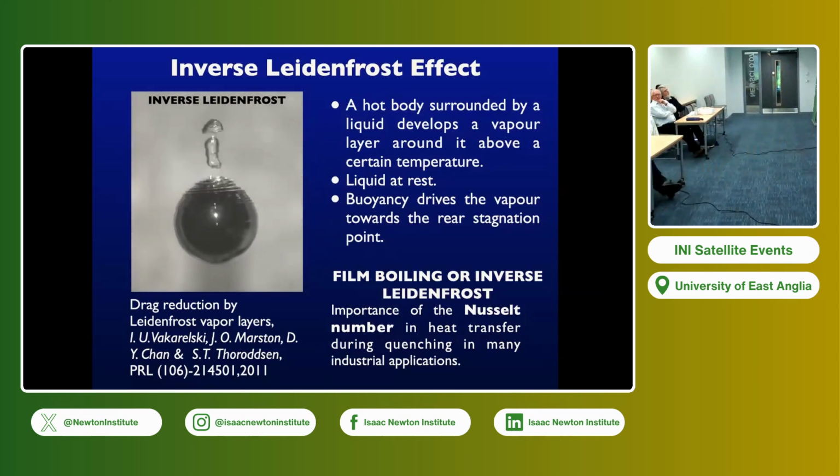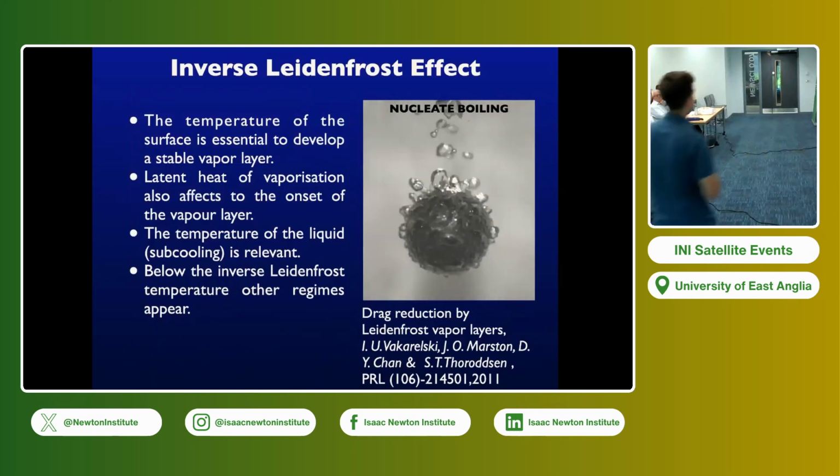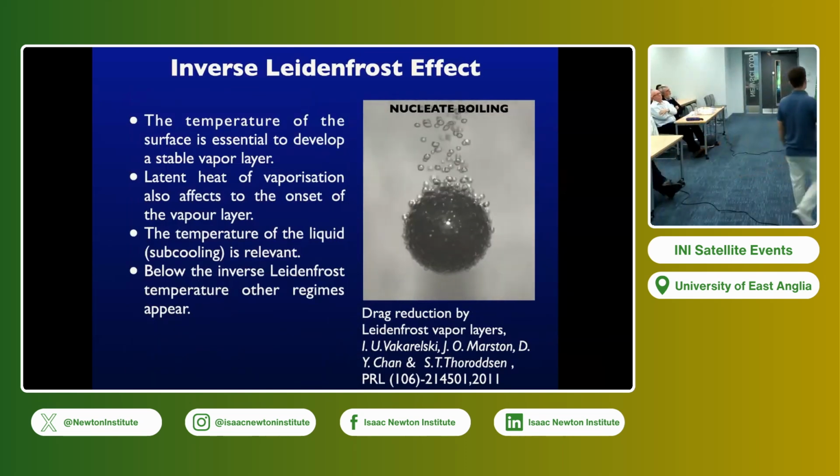As I said before, one of the key parameters in this problem is the temperature of the surface of the body. When the temperature is not high enough, at some point we see a transition from one regime, called the inverse Leidenfrost regime, where we have a stable vapor layer around the body, to another.